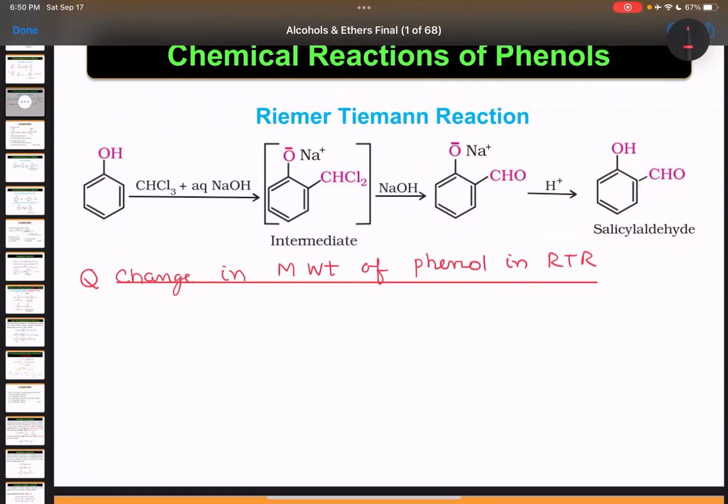So it will increase, but what is the value? Suppose I give you some options like 14, or 29, or 28, or 32.